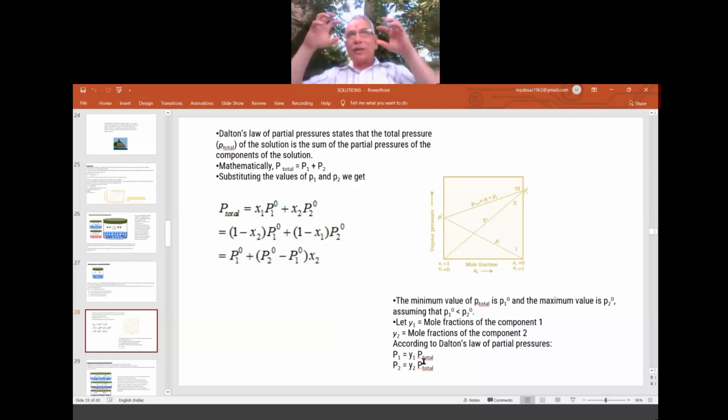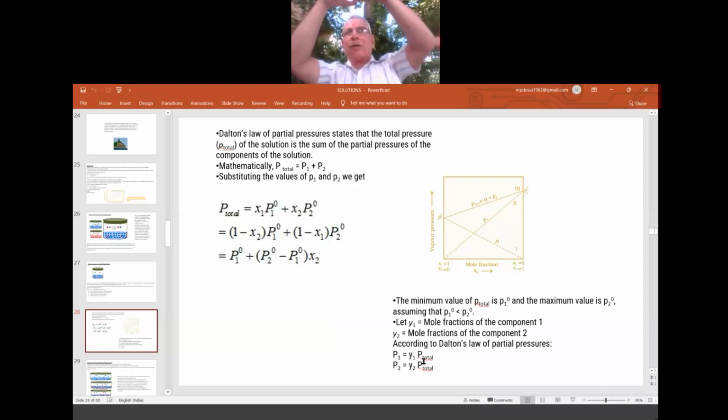When both vapors are there, the best term is not mole fraction of the solute but in terms of the vapor pressure. On the top, A vapors and B vapors are there, so the mole fraction of A equals the pressure of A by the total pressure.